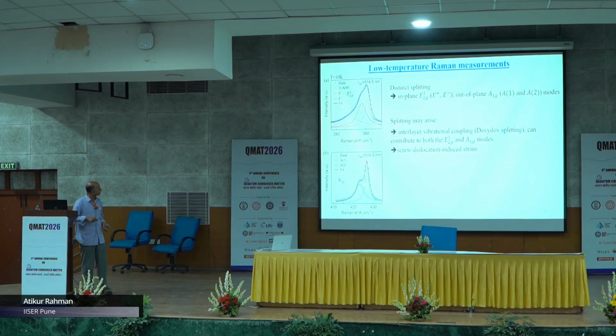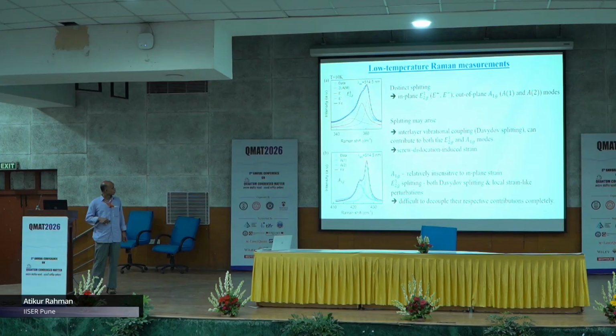However, when we measure it, we see that the splitting is a bit higher in A1g than in E2g. So we can at least say that strain is maybe not the whole reason for this splitting. Probably Davydov splitting is more dominant in this sample, but still nothing is very conclusive.